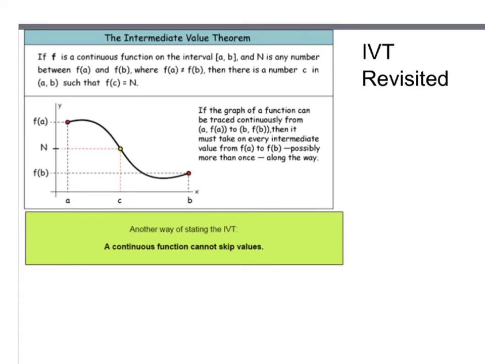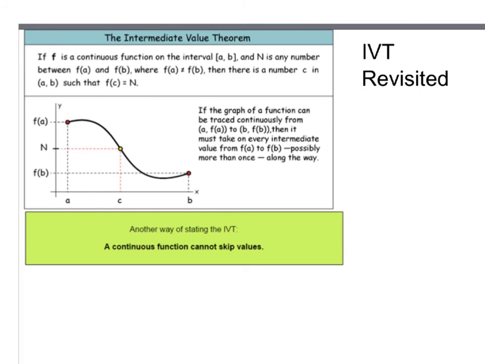So where we used this before, another way of saying this is a continuous function cannot skip values. And if you think about it, of course it can't, right? Otherwise, it wouldn't be continuous. So if a continuous function gets from one value to the next, somewhere in this interval, it's got to cross this n value.